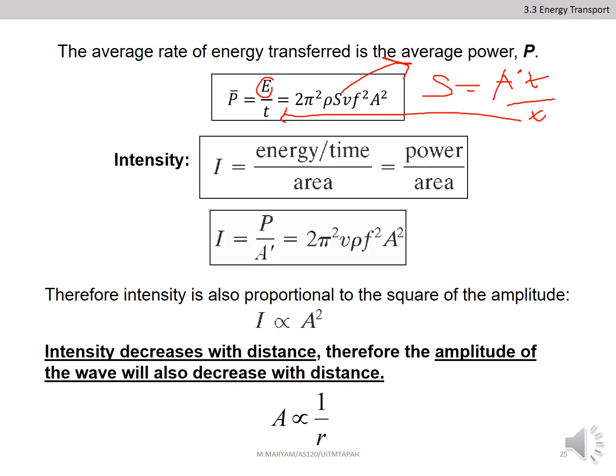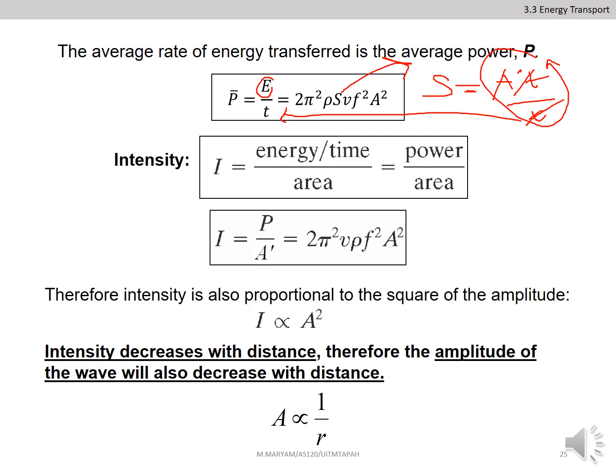So I suppose here there is 2 pi squared rho v f squared A squared, but I just focus on this, because I want to show how the S gets here. Then we cancel out the t, so only A prime is left here. Then we replace A prime with S. So that's why we got this equation.